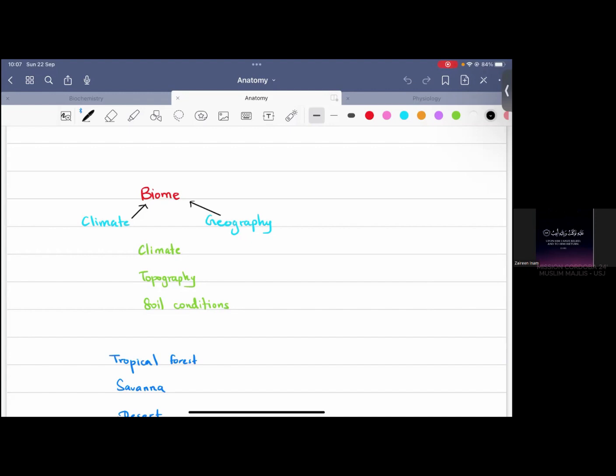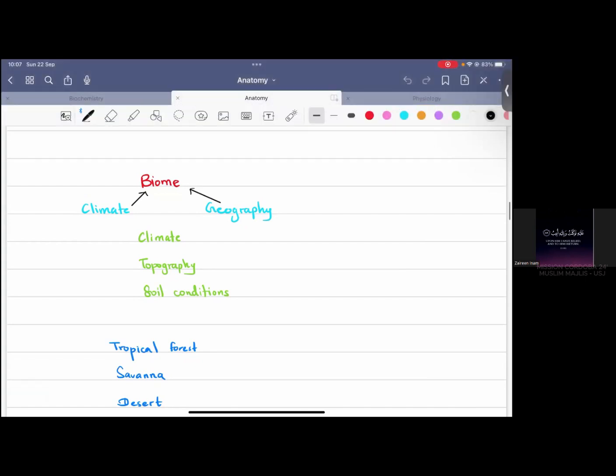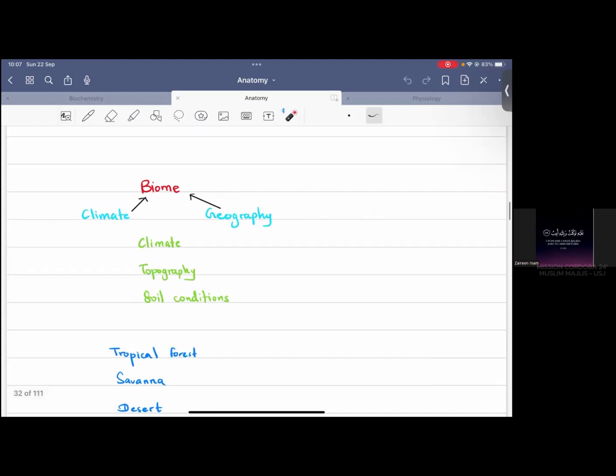So climate and geography are the two main things that determine the type of biome. Geography and climate are the things that will determine the existence of the biome. And each of these biomes will consist of ecosystems.